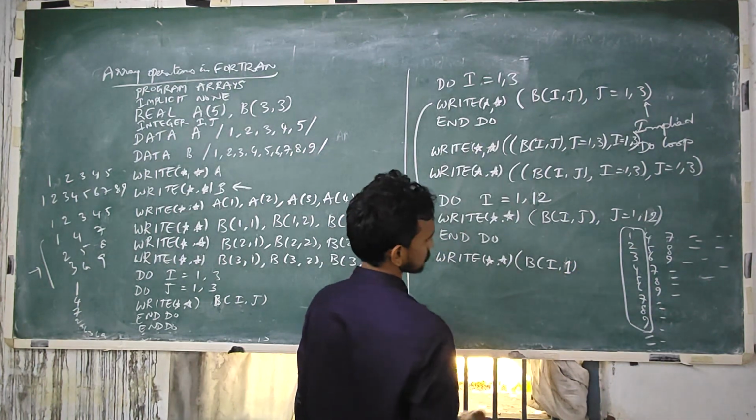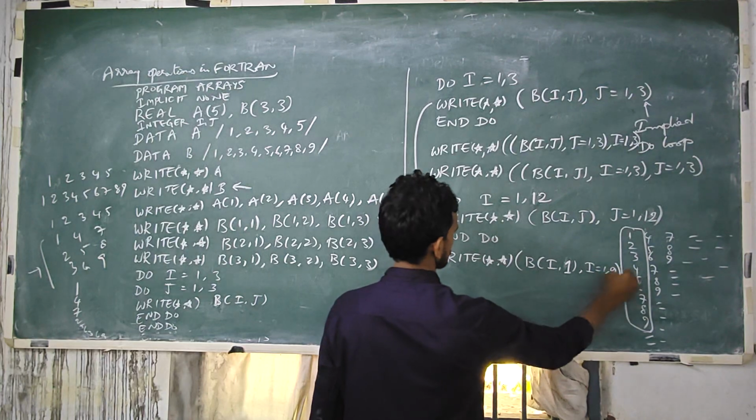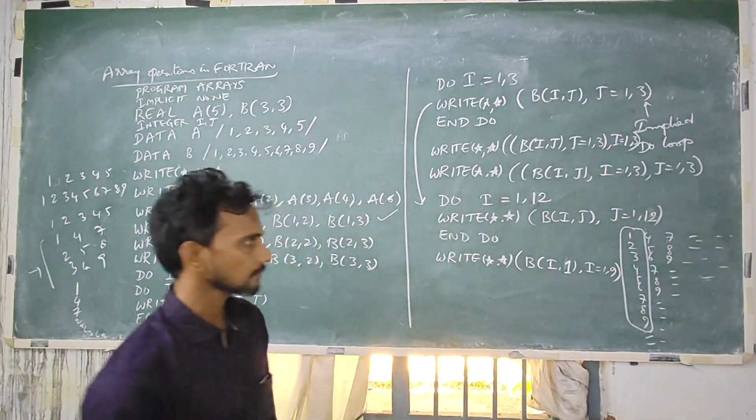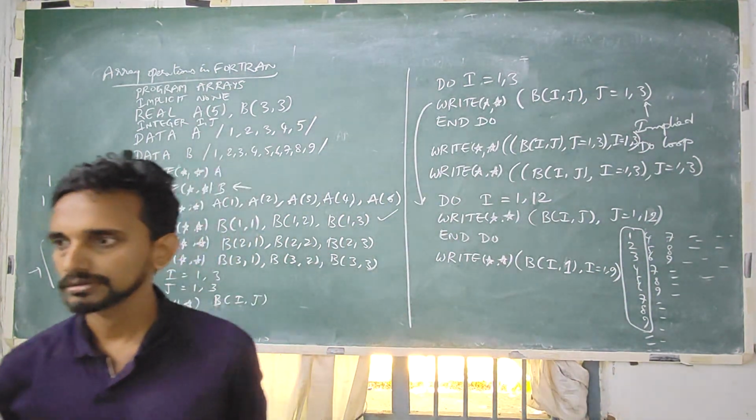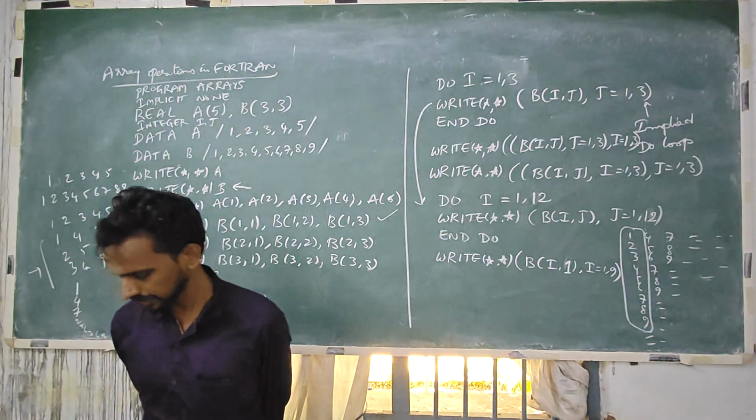So if you just print the first column with I equal to 1 to 9, you get the entire matrix. The first column carries the entire matrix actually.